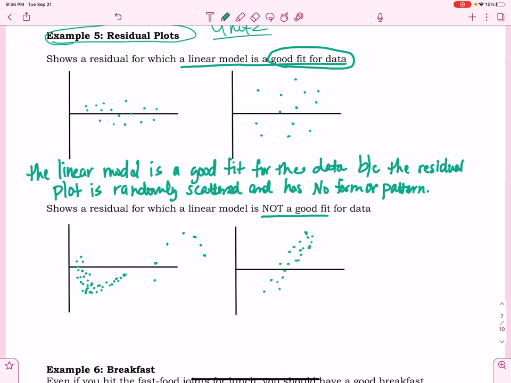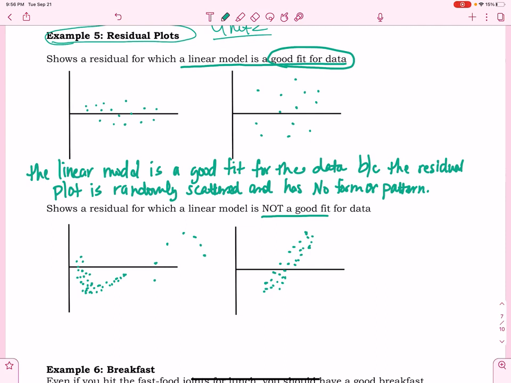Okay, we want our scatter plot to be linear. We don't want our residual plot to be linear. So both of these indicate that a linear model may not be the best fit for my data because the residuals show a pattern.